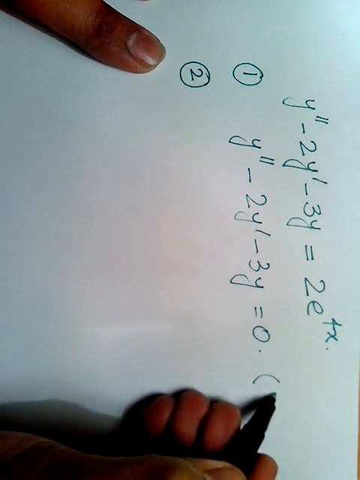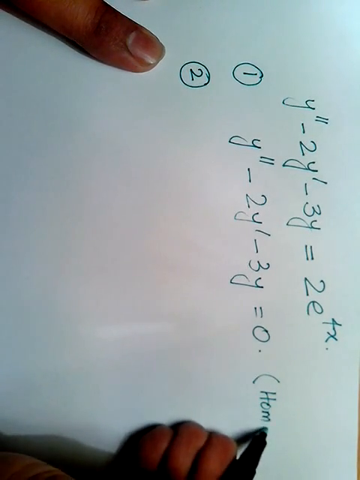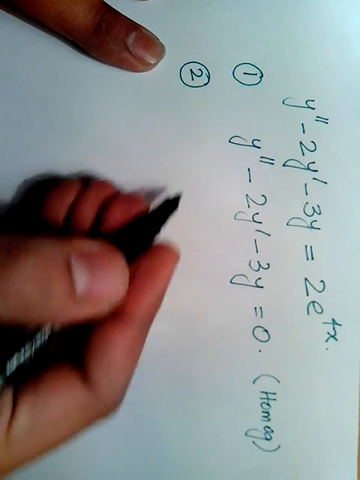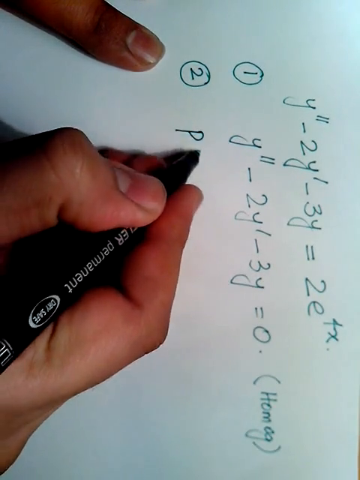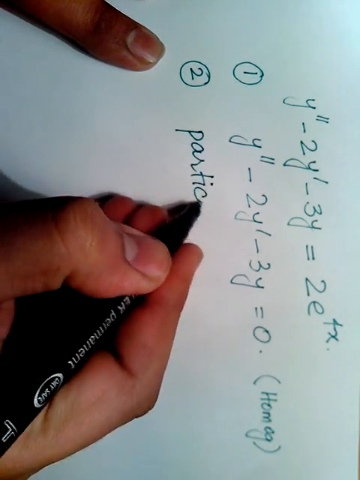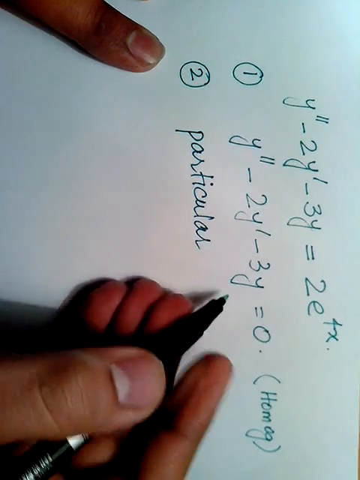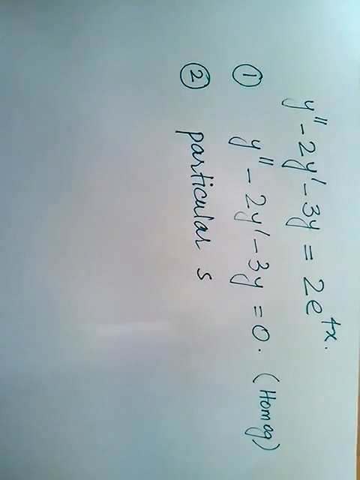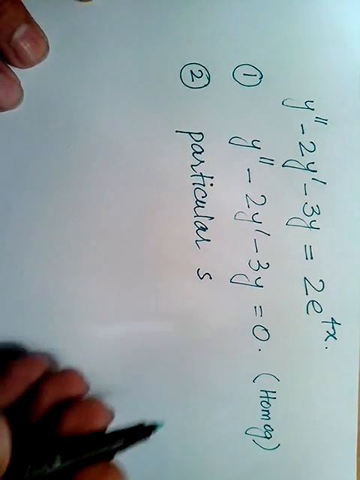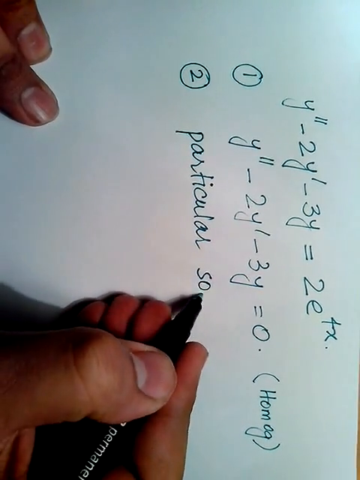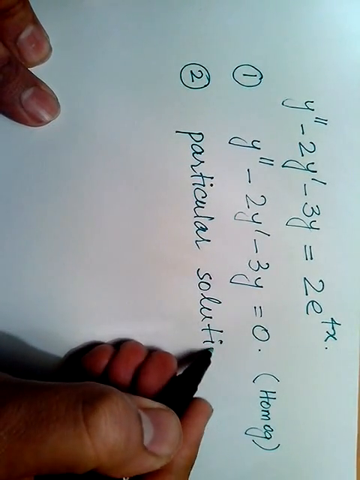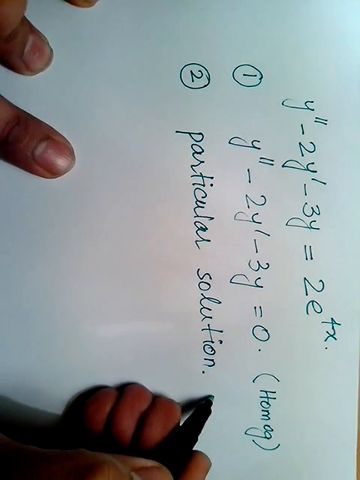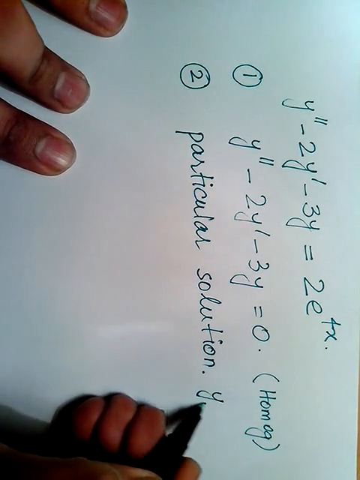This is homogeneous, and then we need to find the particular solution. We denote the particular solution by yp.